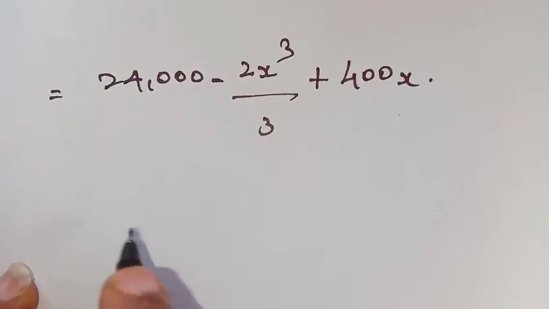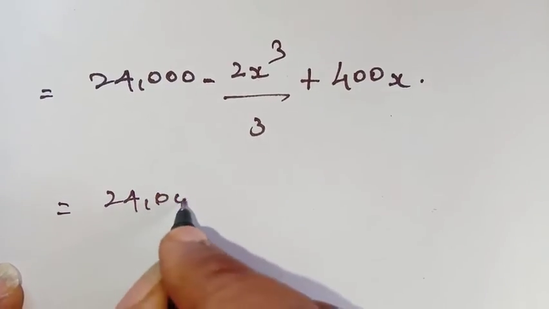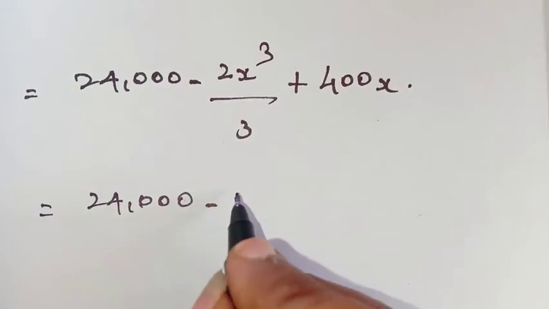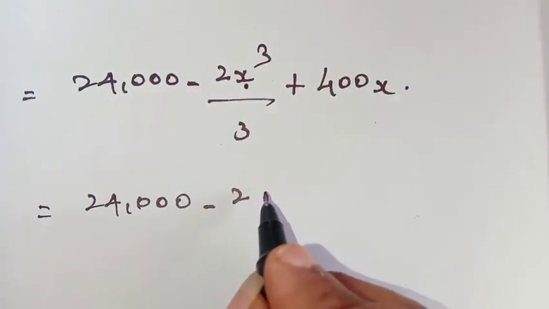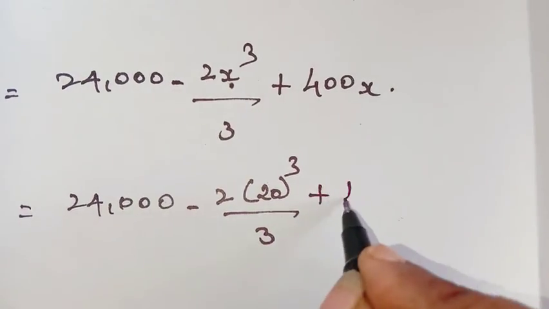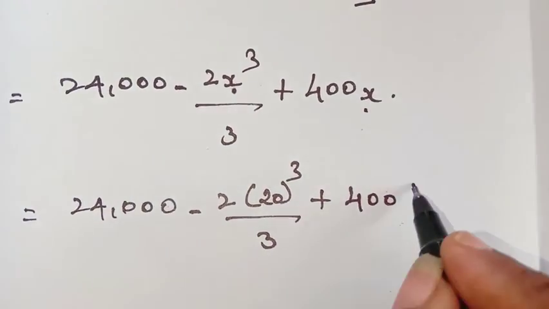Next, 24,000 minus: first 2 times x cubed, with x equal to 20, divided by 3, plus 400 times 20.